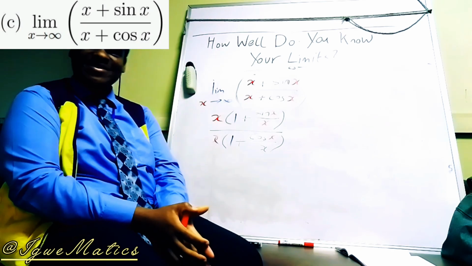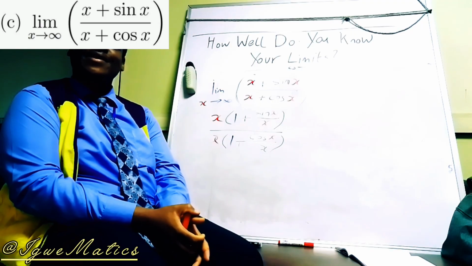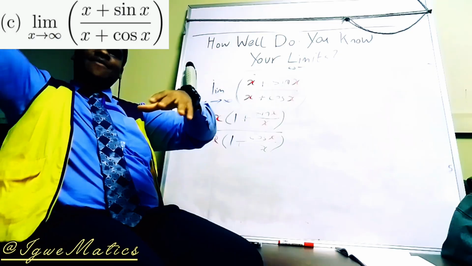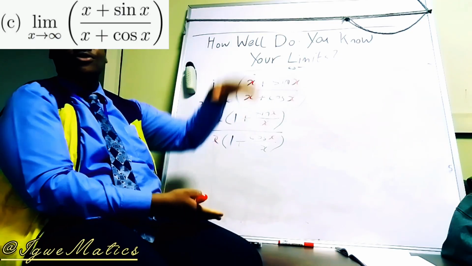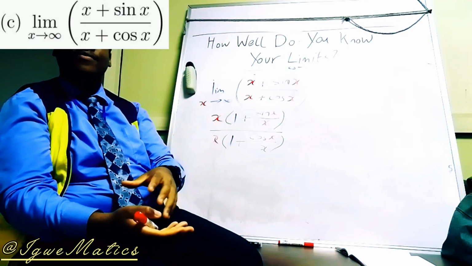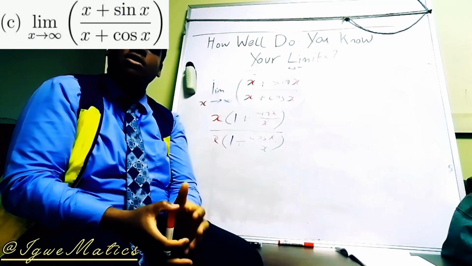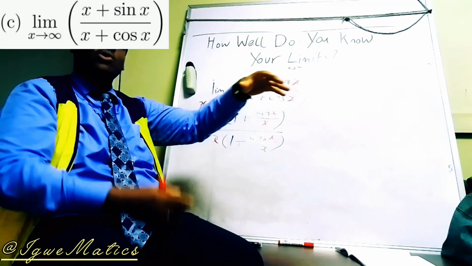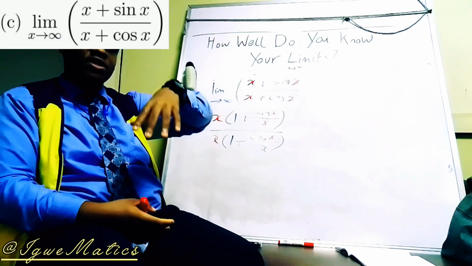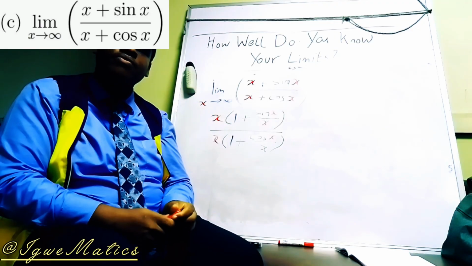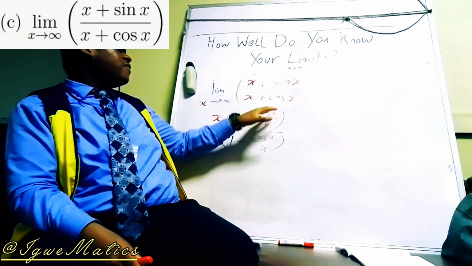Sin x over x. That sin x will be between minus 1 and 1, so it can never be compared to infinity in the denominator. It will just be like 1 divided by infinity. The domain of sin x is all the real numbers, and the y value is the value of sin x itself.